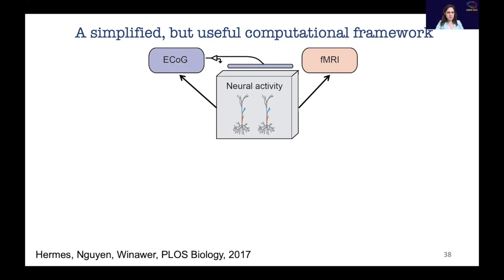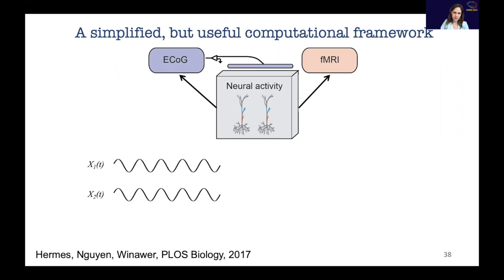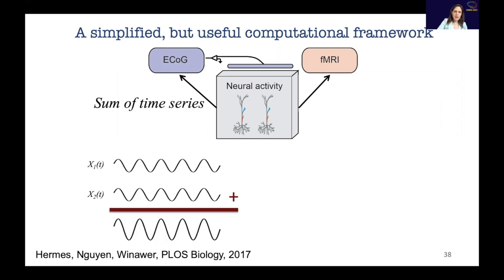And let's consider two neurons that each have the same orientation and the same distance to an electrode. And let's consider their membrane currents for these two neurons. Then, in order to estimate the ECOG signal, we could sum these currents and calculate the sum of the time series to estimate what we would measure with ECOG.